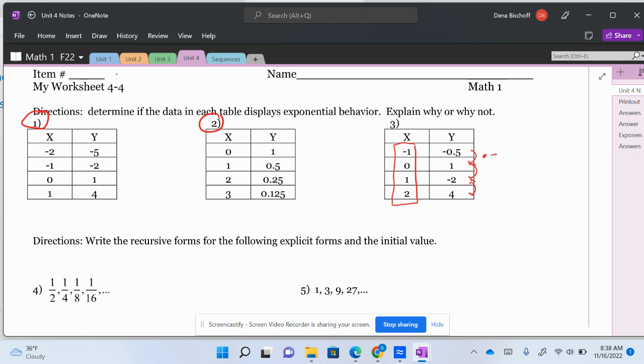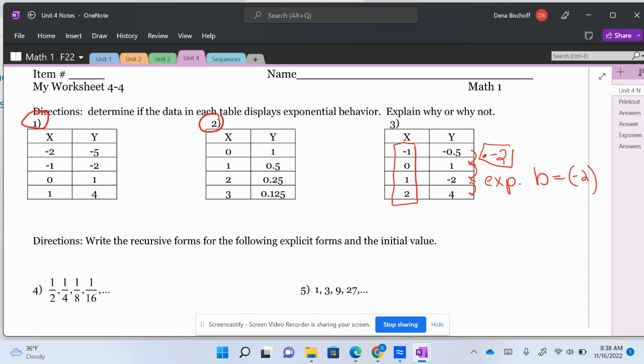I'm multiplying by a -2, right? -1/2 times -2 gives me 1. 1 times -2 gives me -2. -2 times -2 gives me +4. So this is my multiplier. So it's exponential? The multiplier is -2.